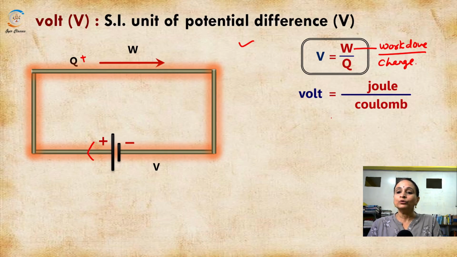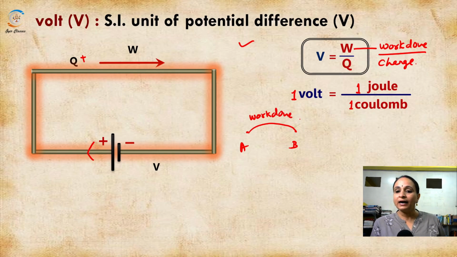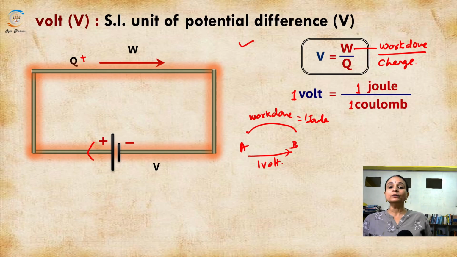And if you have to write what is 1 volt, it will be said that 1 joule of work by 1 coulomb. Suppose you have 1 coulomb of charge which you have to take from point A to another point B, and the work you did is equal to 1 joule, then you can say that the potential difference between these two is equal to 1 volt.